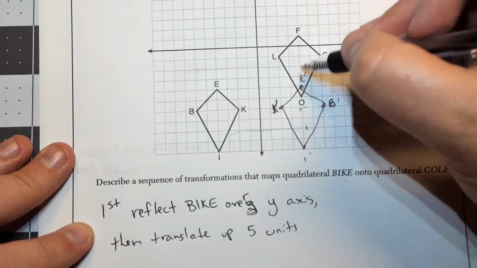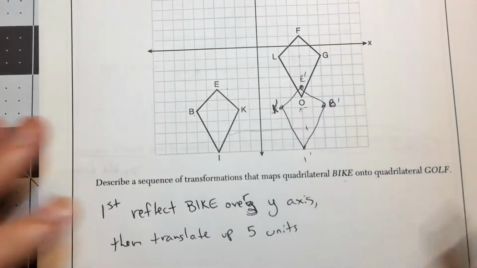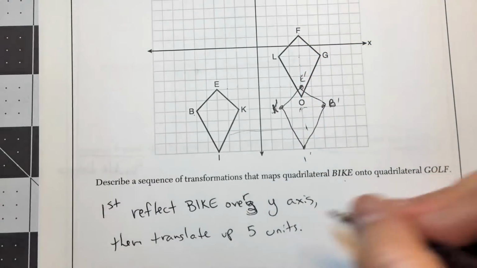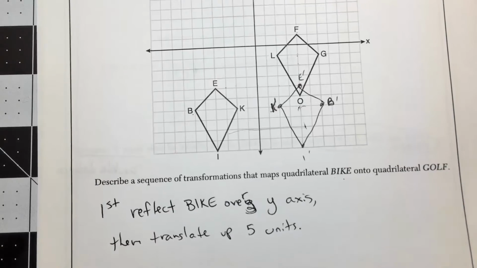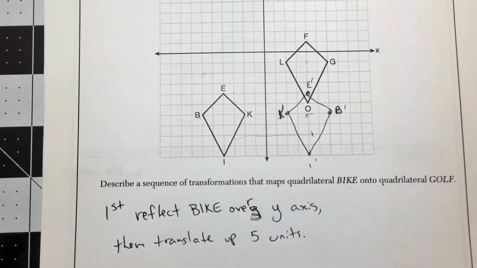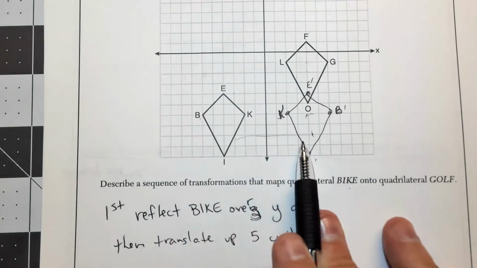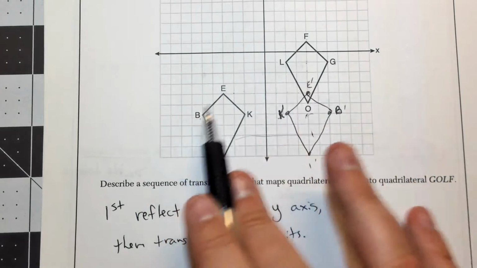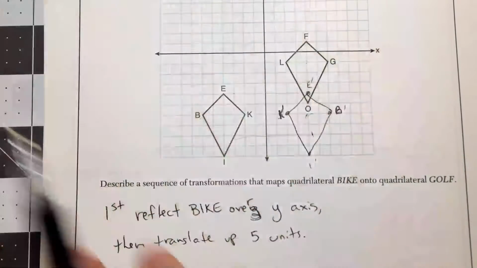All right, so 1, 2, 3, 4, 5, 5 units up. So reflect over, translate 5 units up, and we're good to go. All right, please be careful. I can't tell you how many people lost credit on this question because they just did a translation, shifted it up, but B went on top of L instead of going on top of G.